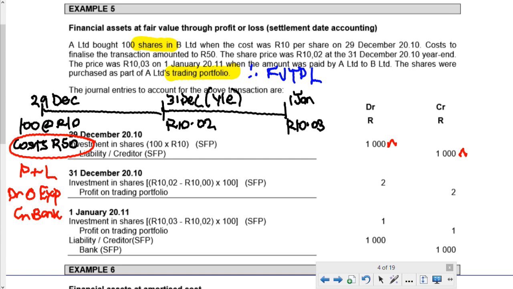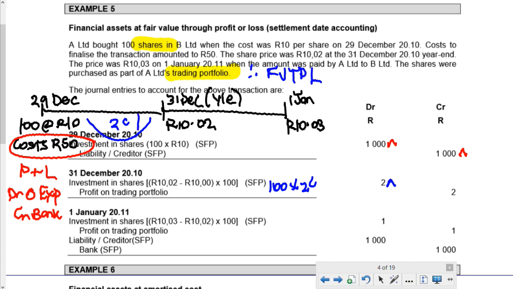Then there's a movement from the 29th of December to the year end. The movement is 2 cents, from 10 Rand to 10 Rand and 2 cents. That 2 cent movement, we're going to times by 100 shares. It gets you 2 Rand. It's an increase in the value of the shares.